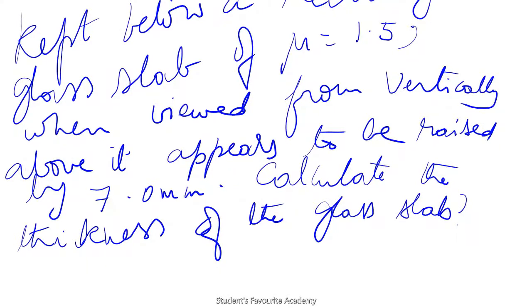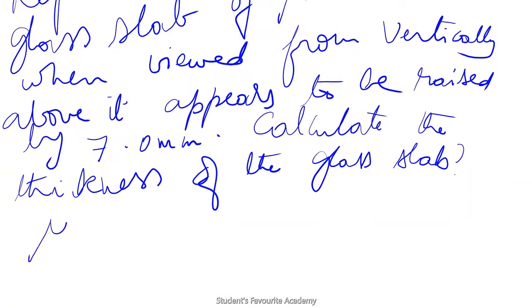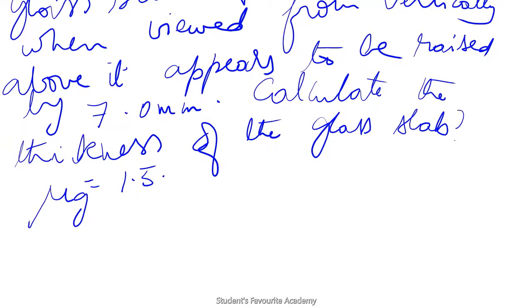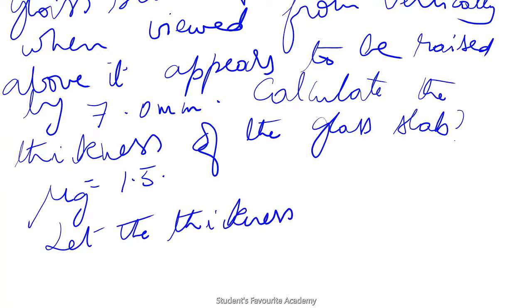Okay, so we know mu is equal to 1.5, mu of glass. Now let the thickness of the glass slab be x millimeter.